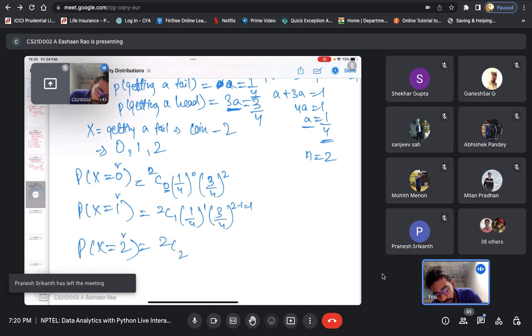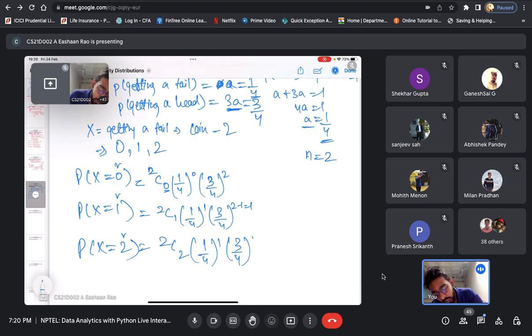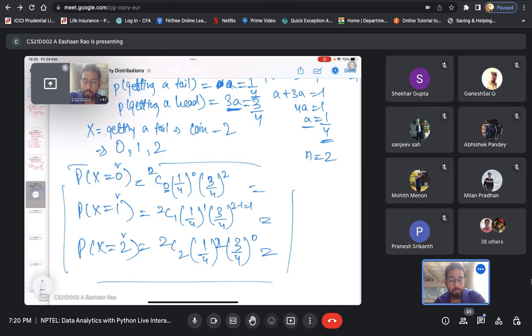Similarly 2C2, (1/4)^2 and (3/4)^0. If I calculate this, I will get some values. These are the probability distribution of getting a tail if I toss the coin 2 times.